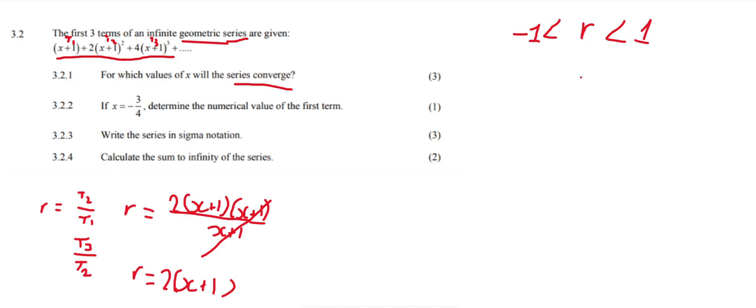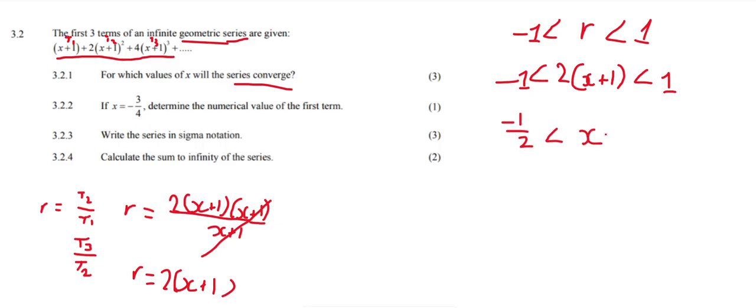Now instead of writing r, we're going to replace it with 2 open brackets x plus 1. Once we do that, we start solving for x. Since multiplication is happening here, in order for us to get rid of the 2, we have to divide both sides. Then we have negative half less than x plus 1 less than half.